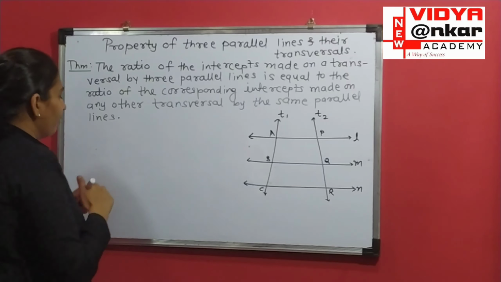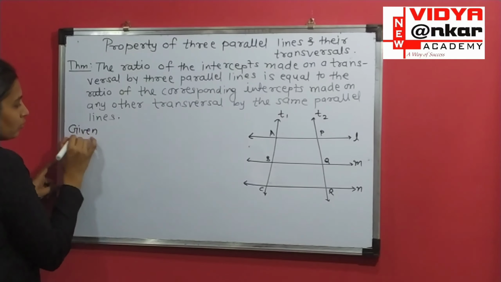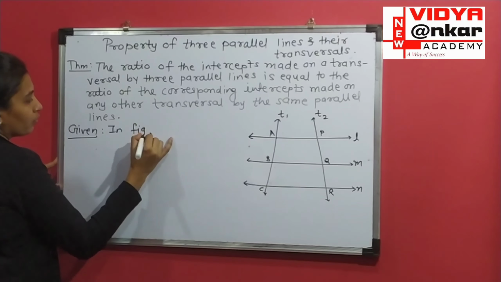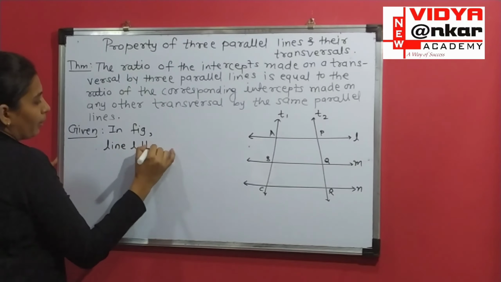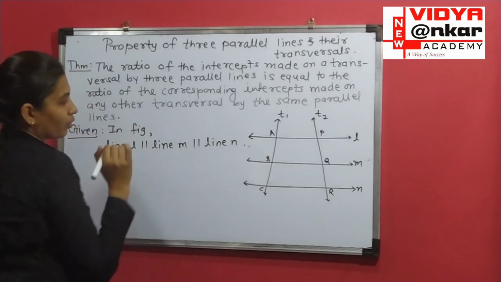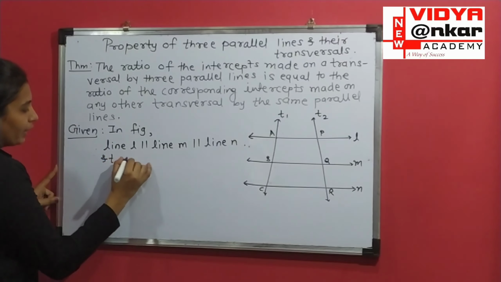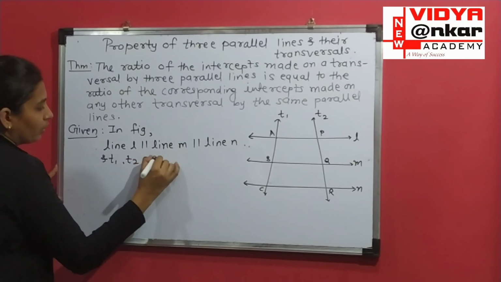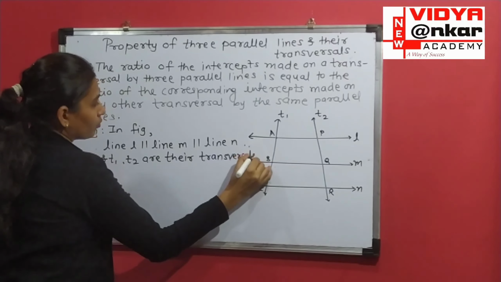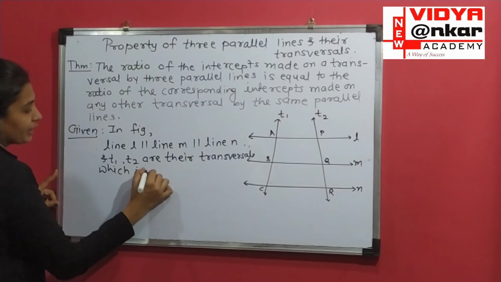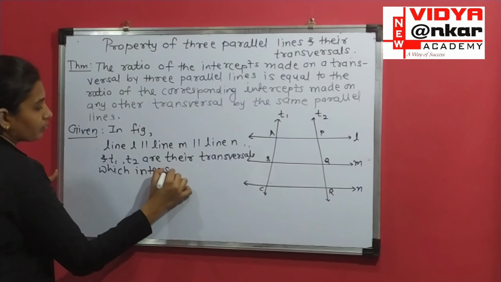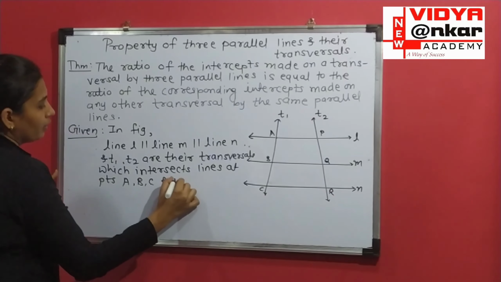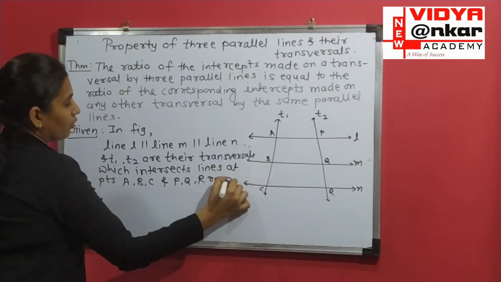Now students, we have given in the figure line L parallel to line M parallel to line N, and T1, T2 are their transversals, which intersect the lines at points A, B, C and P, Q, R respectively.